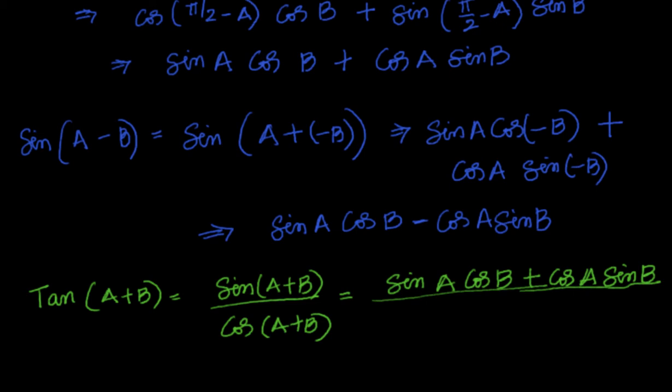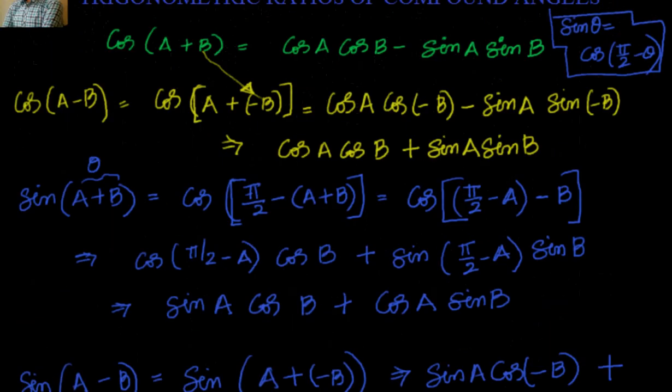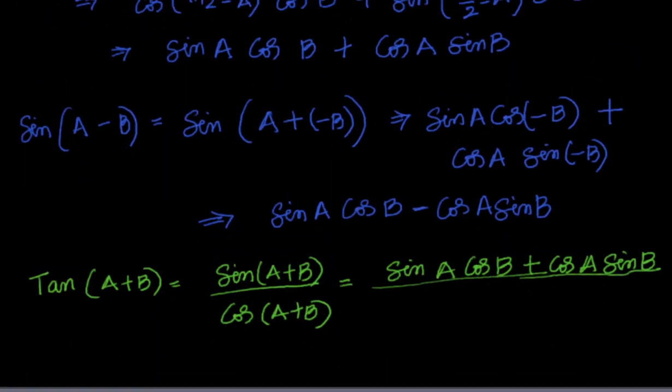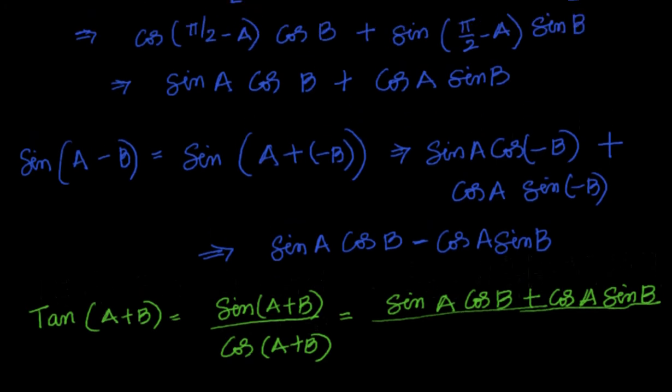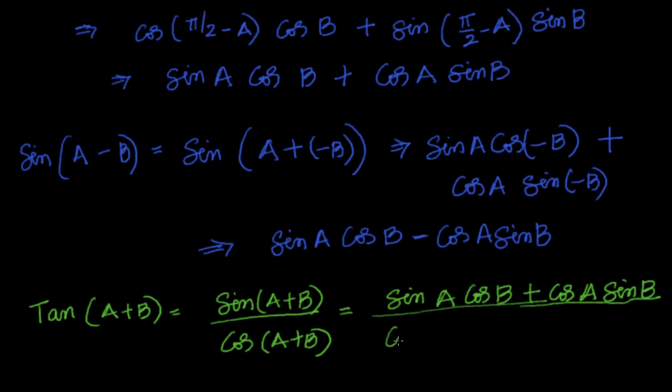So we know the cos (a + b) formula, that is nothing but cos a cos b minus sin a sin b. So I will write here cos a cos b minus sin a sin b.